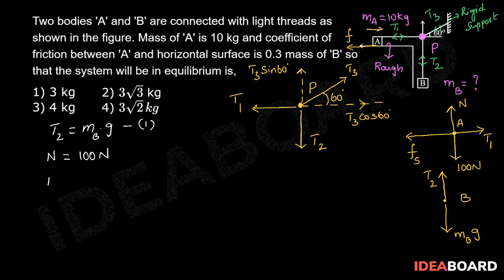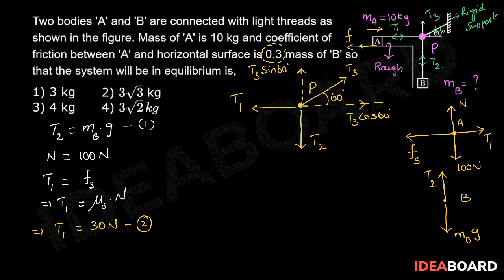Also we can write T1 equals static friction. So this implies T1 is equal to static friction, which is written as mu s times the normal reaction. And since mu s is given as 0.3, we can write T1 equals 30 newtons. Let this be the second equation.